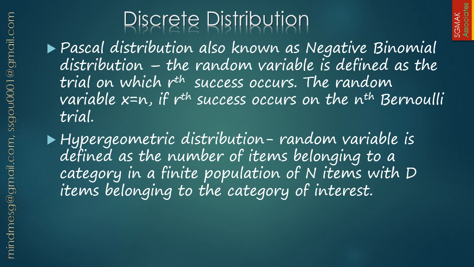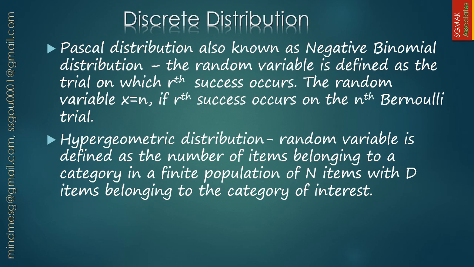Another related distribution based on Bernoulli trials is hypergeometric distribution, which is very closely related to binomial distribution. And we'll talk about the approximation of hypergeometric to binomial later. We define the random variable as the number of items belonging to a category in a finite population of n items with d items belonging to the category of interest.